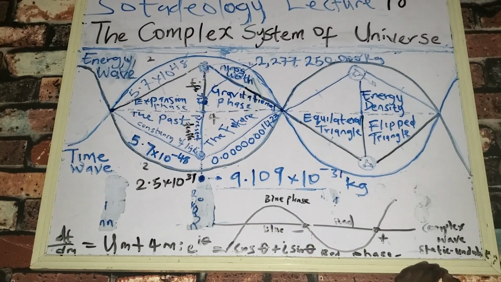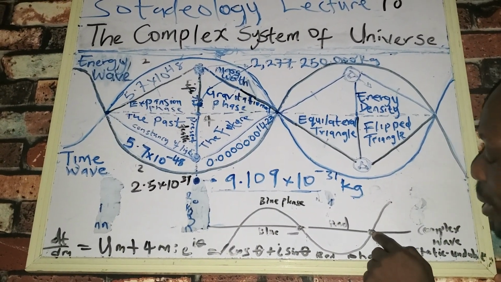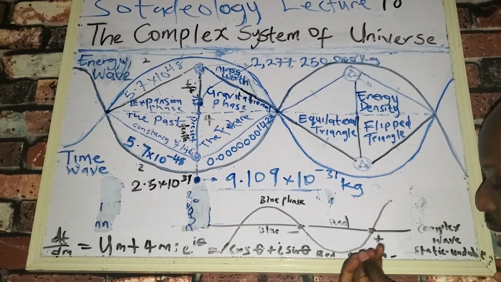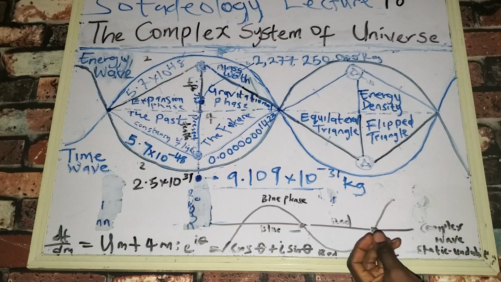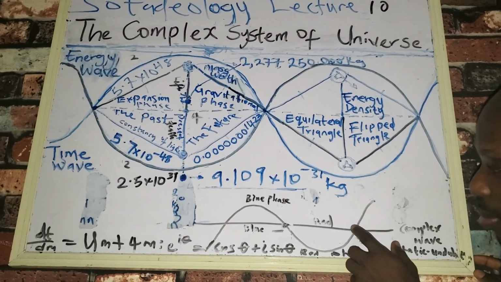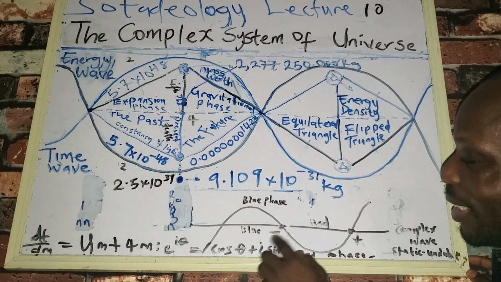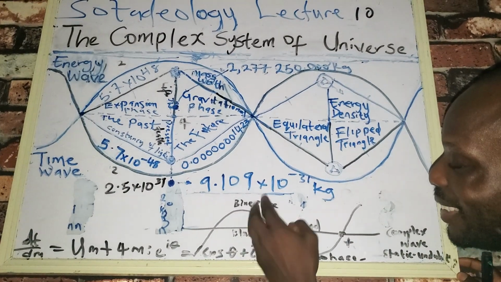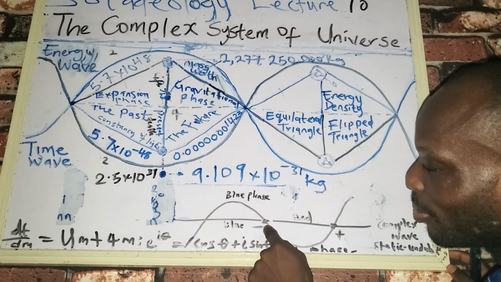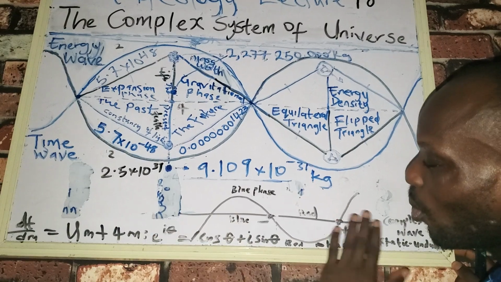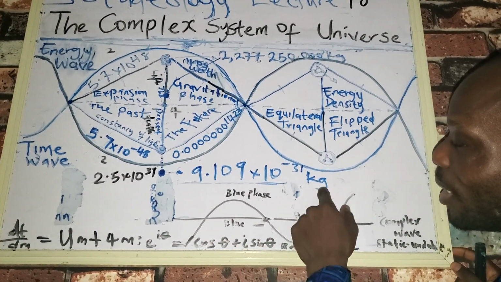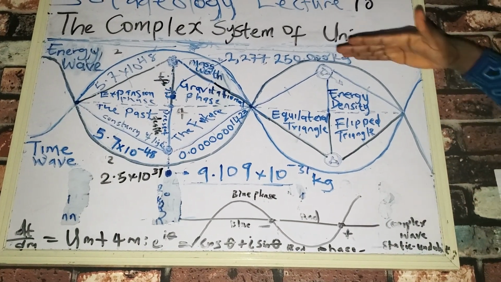So imaginary wave will be at minimum wave when the real wave is at the beginning of its energized phase. Then when the real wave is at the lowest energy potential, where it's supposed not to have energy at all, then the imaginary wave will be at the peak of its own energy.